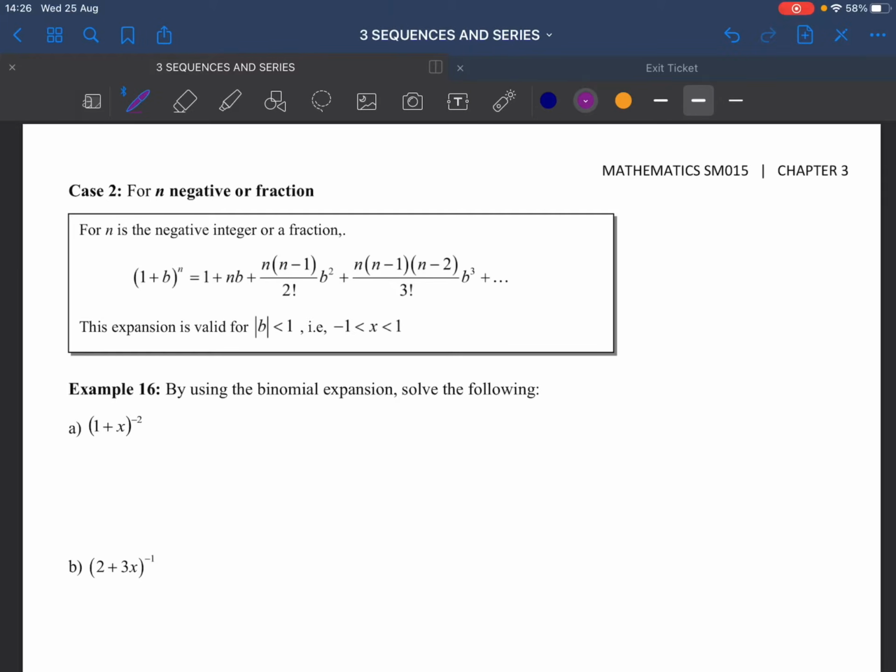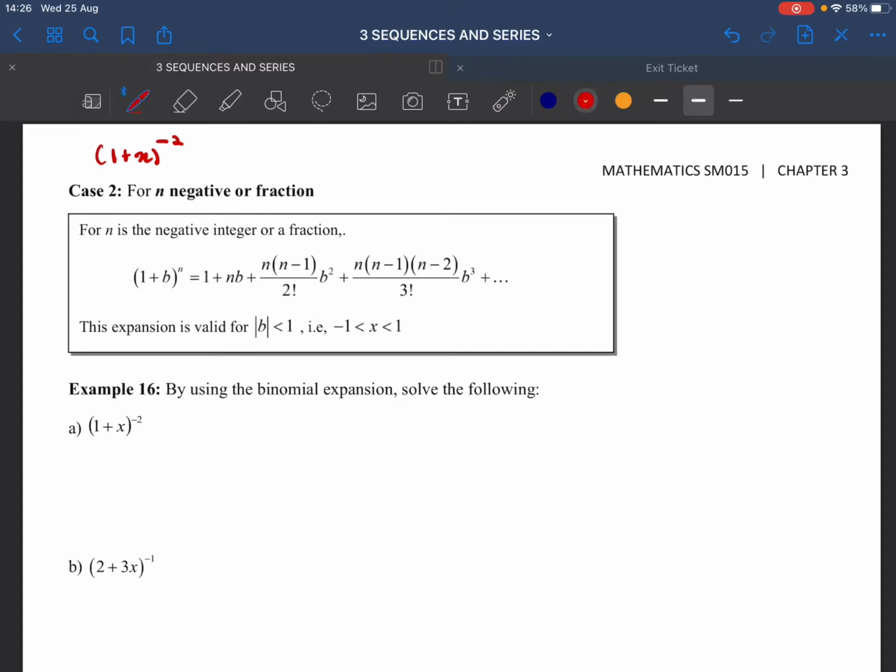So for this video, we are going to continue on how to do binomial expansion if your n is negative or a fraction. Okay, so this is case 2 for binomial expansion. Let's say, contoh, if you have 1 plus x to the power of negative 2, as you can see, your power, which is your n here, is negative.